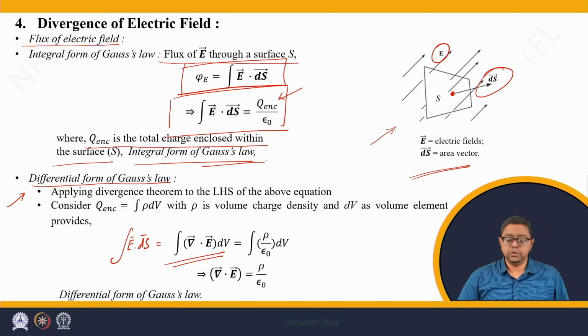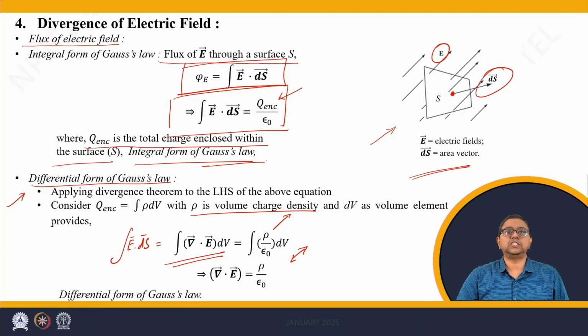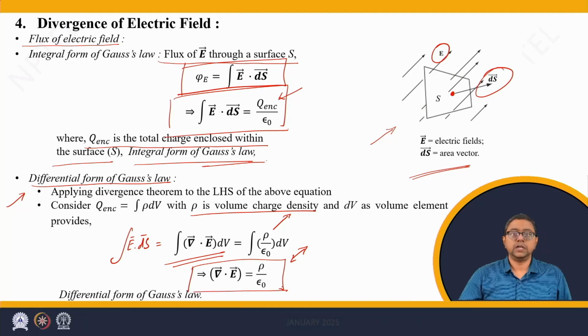That is equal to integral of rho by epsilon naught dV, where rho is the volume charge density and dV is the volume element. So rho dV provides the Q enclosed. Upon equating the integrals, we obtain divergence of E equals rho by epsilon naught. This is the differential form of Gauss law.